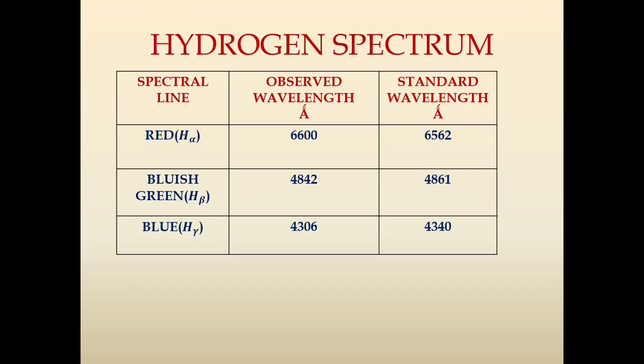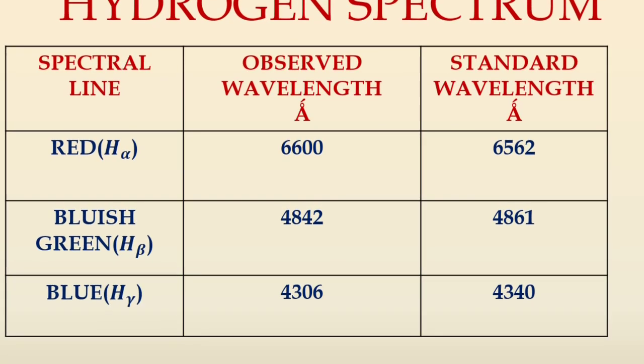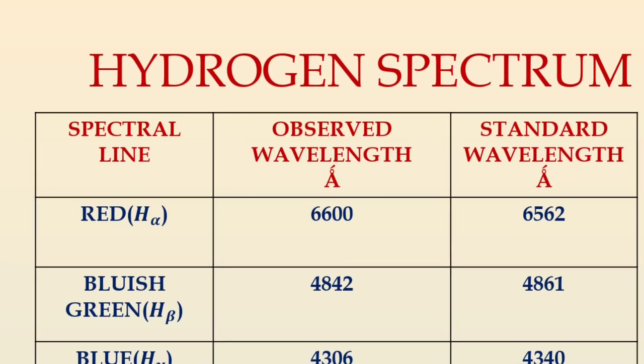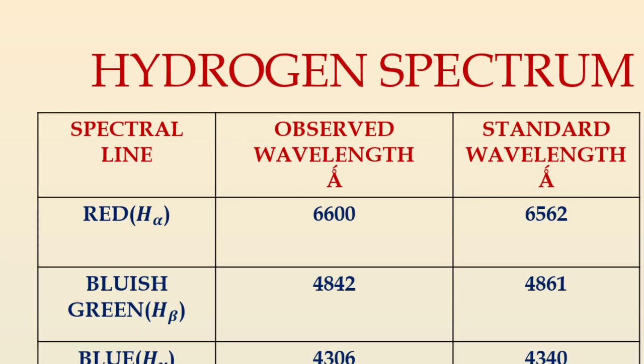In the same way, we can find it for blue color also. So here the results have been tabulated. So we have found the wavelength of the spectral lines of the hydrogen spectrum using mercury as the standard or reference wavelength.